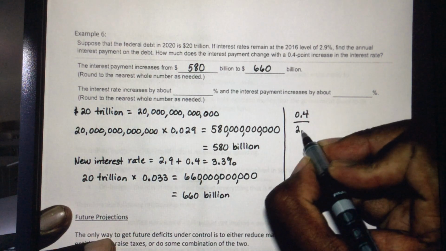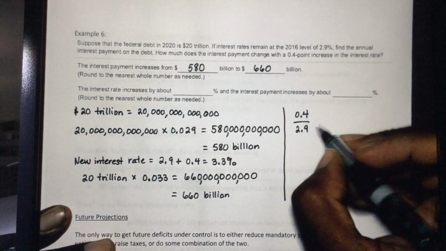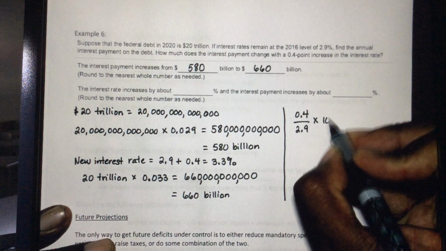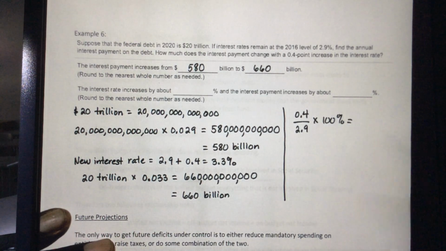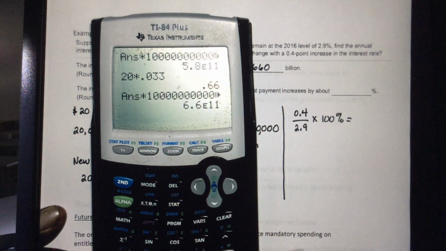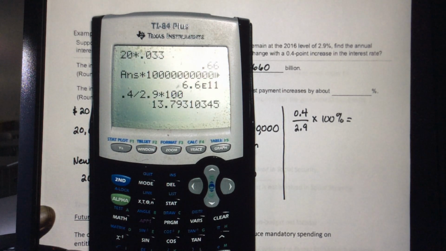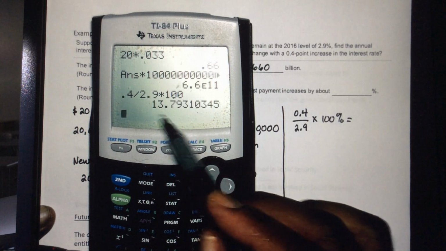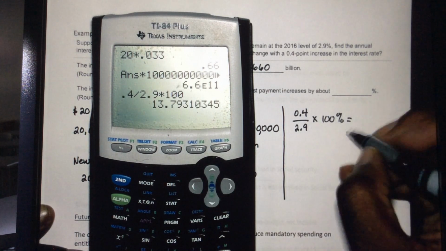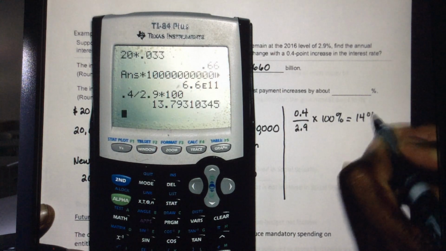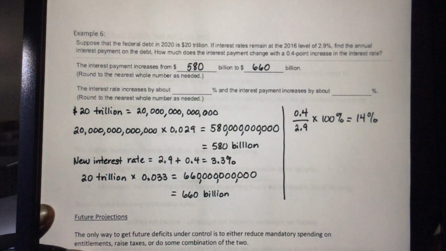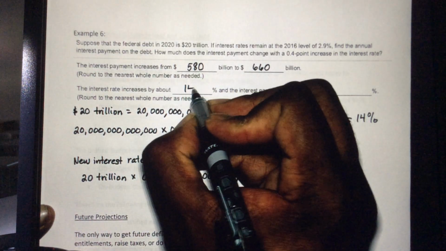So it'll be 0.4 divided by 2.9 times 100%. They want this to the nearest whole number in this particular problem. So here, 13.7 will round up to 14. So the interest rate increased by about 14%.